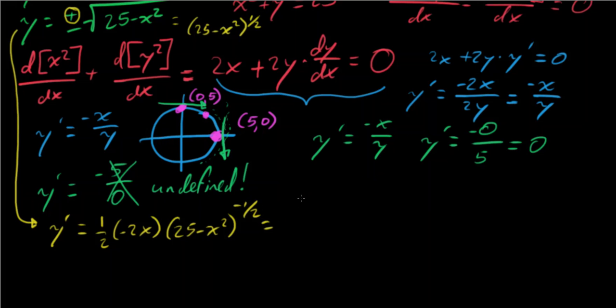So I could rewrite that as negative x over root 25 minus x squared. All right, here's the deal. Where is this derivative undefined? It's now a rational function, and it's undefined when the denominator is set to 0. When is the denominator equal to 0? When is this equal to 0?